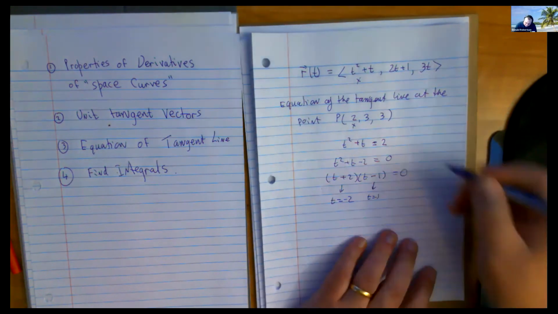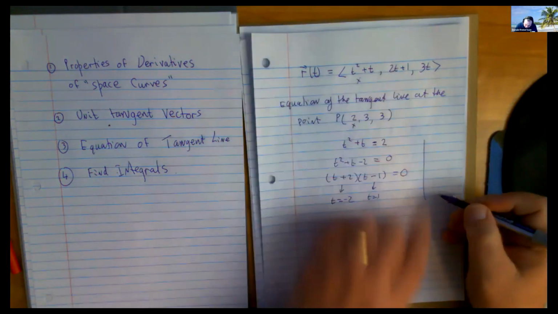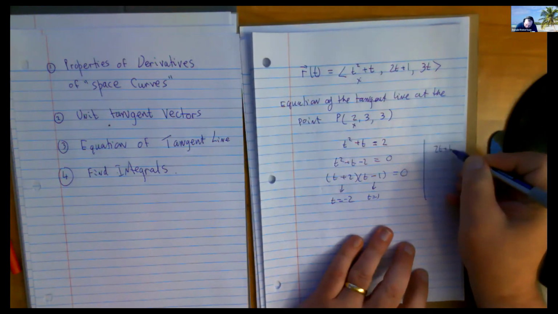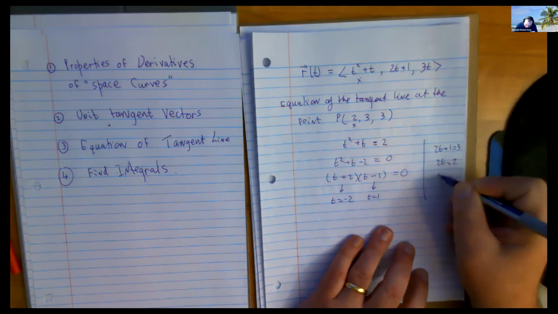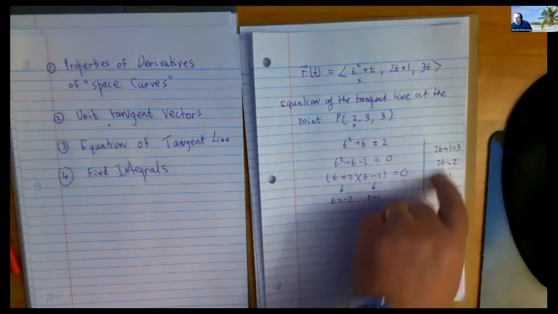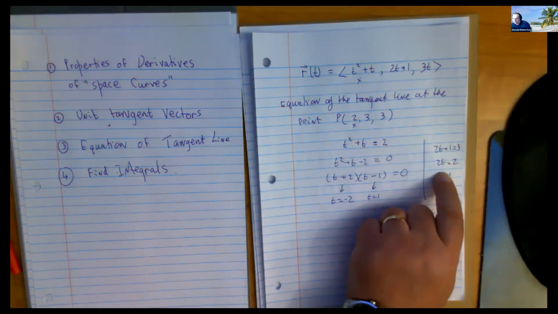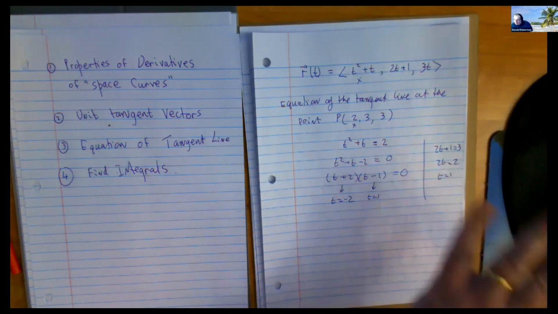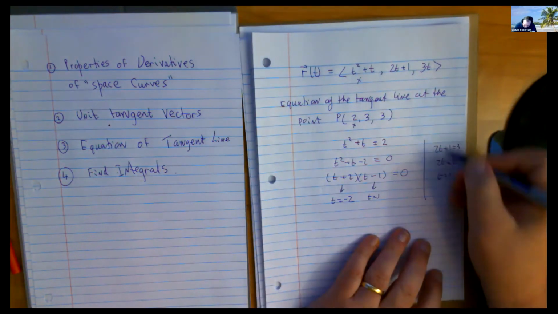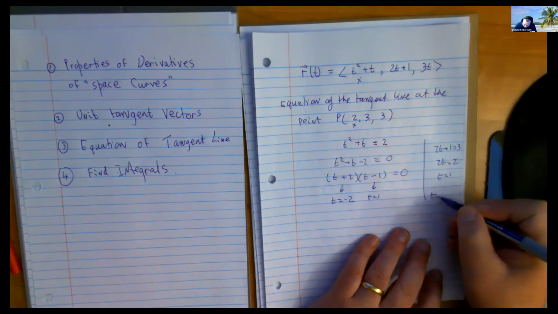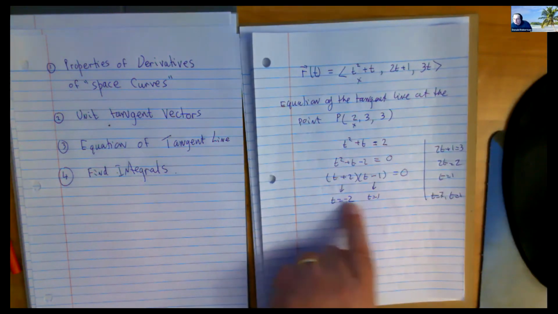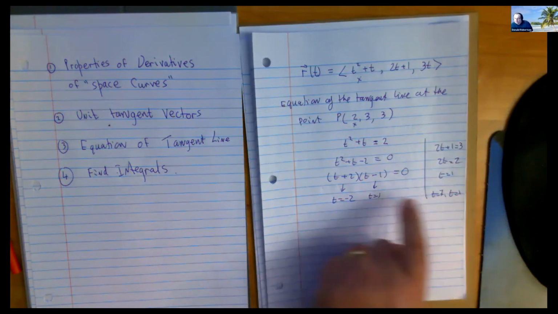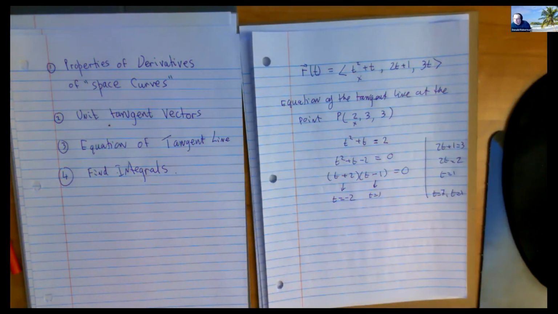And then what you do is you would go to the second equation, which is 2t plus 1 equals 3 in my case, and that's 2t equals 2, and that's t equals 1. But can you imagine that this one also gave you 2 choices? Right, in a different world. So can you imagine we did a different kind of question, and it said t is 7 and t is 1. When you look at this one and you look at this one, do you see that t equals 1 is the only one that's actually going to be of any use to you, because it's the only one that's true for each of them?